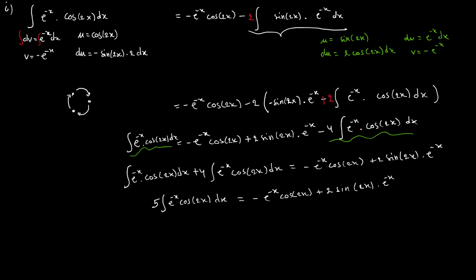Okay, what can we do now? Well, this side has no integral anymore. But here, we have our original problem. The only problem is we have 5 times the original problem. So what can we do? Well, we just divide each side by 5, right?